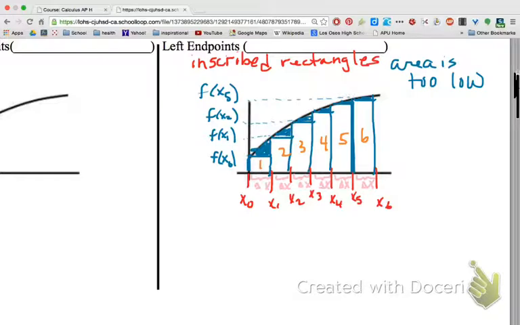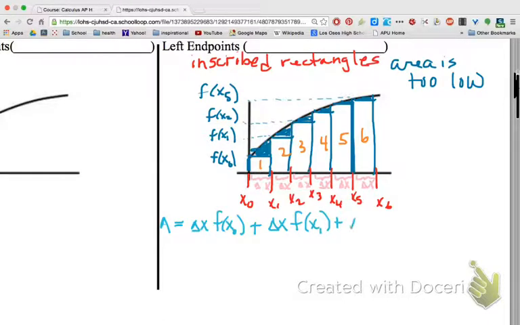So now when I write out the area formula for this, for the first rectangle I'd be doing delta x times f of x sub 0, and for the second rectangle, the width is delta x, the height is f of x sub 1.